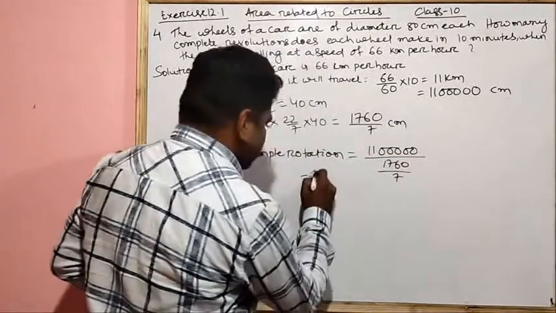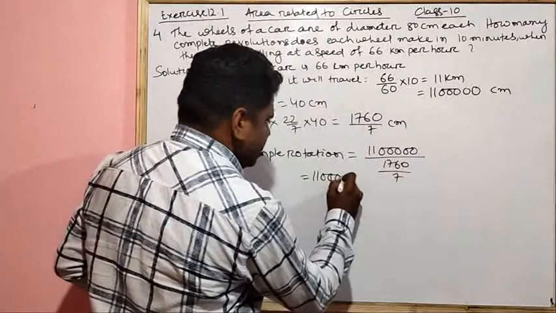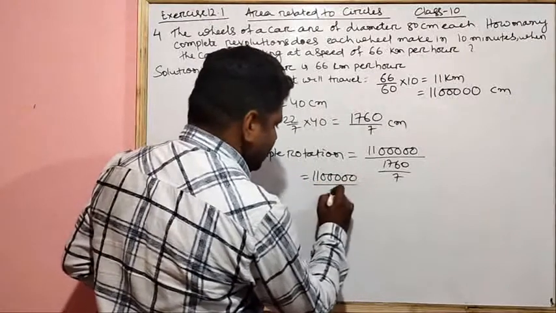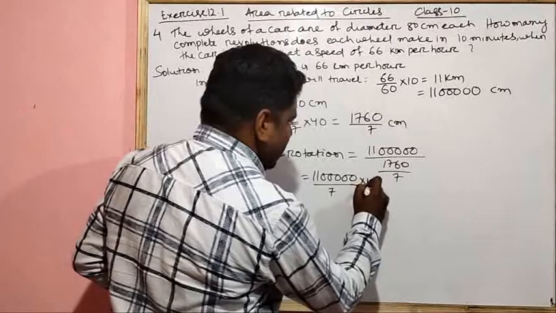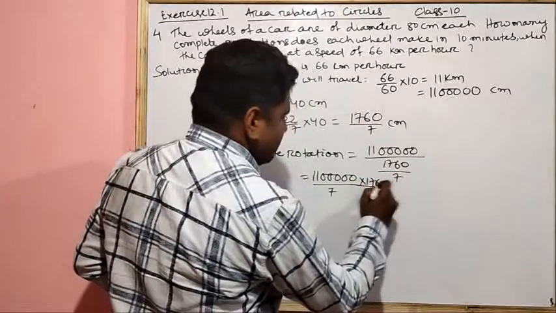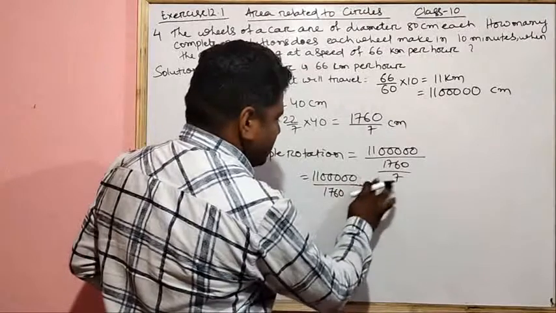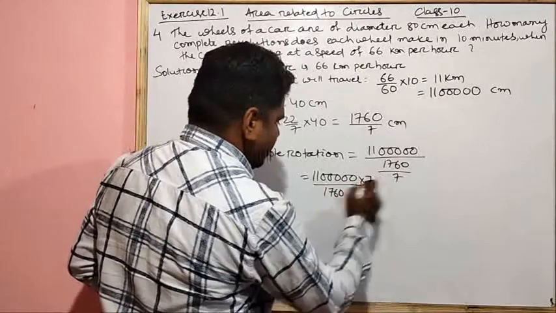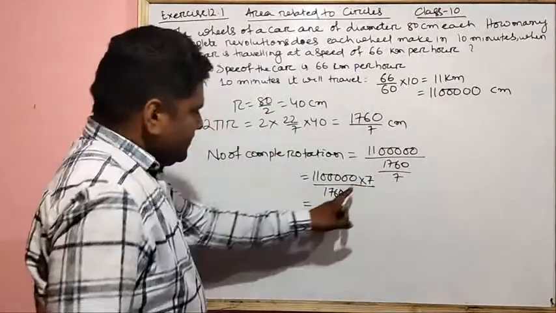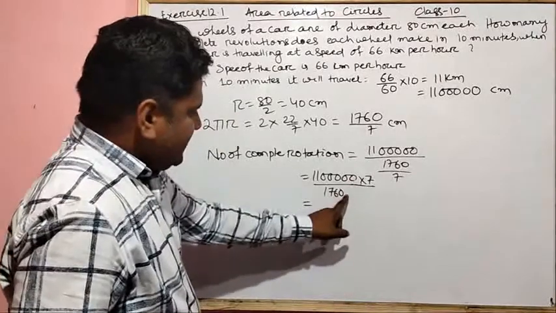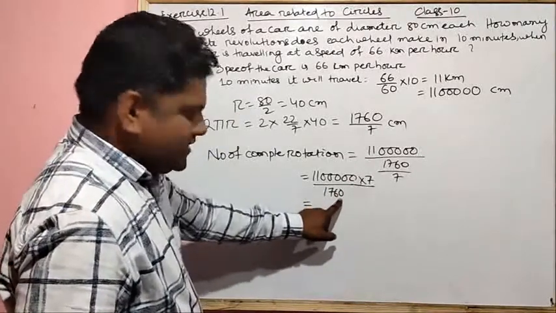It is equal to 11,000,000 by 7 into 176 by 1760 into 7. When the zeros cancel, the remaining is 1760.